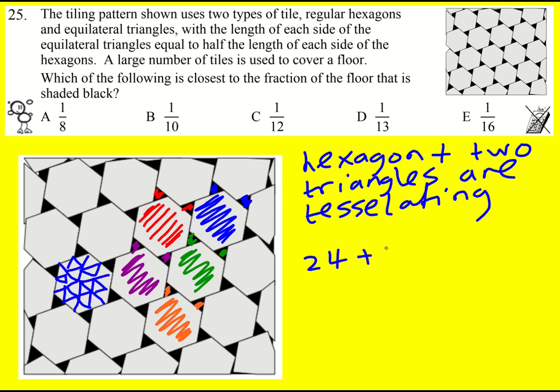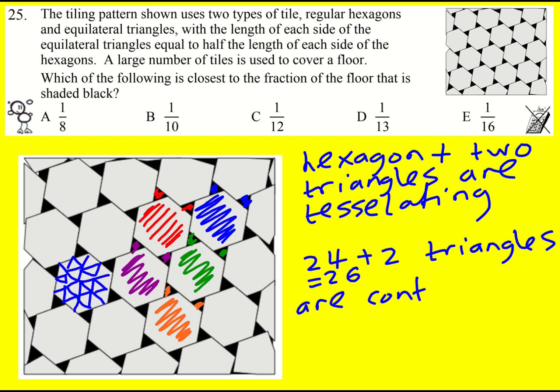So 24 plus 2 triangles are contained by this shape, this hexagon and the two triangles.